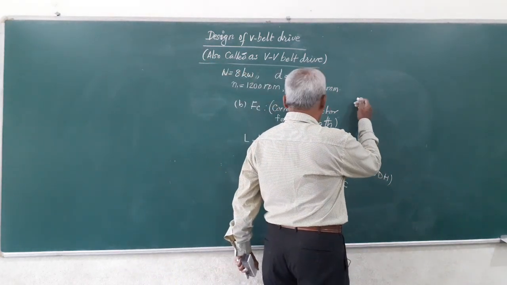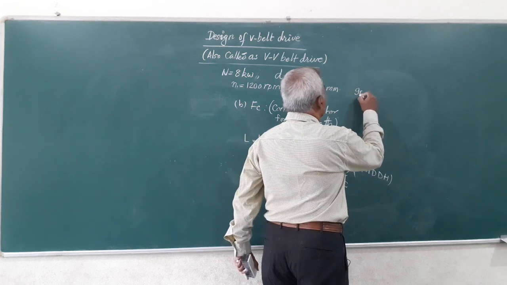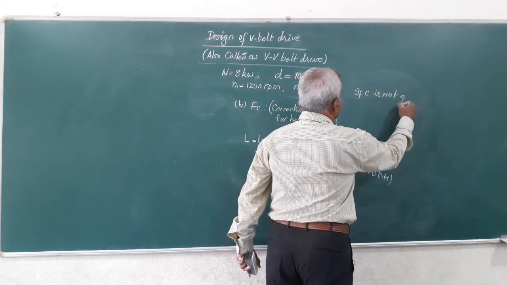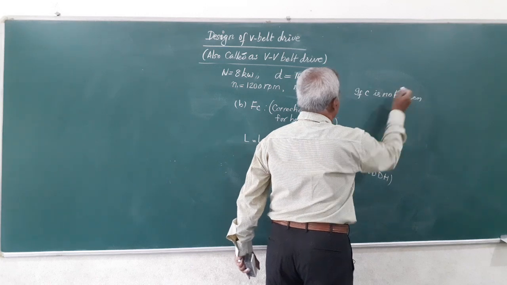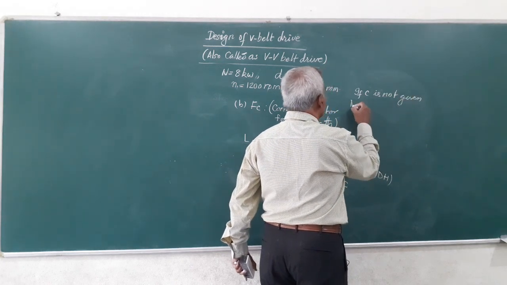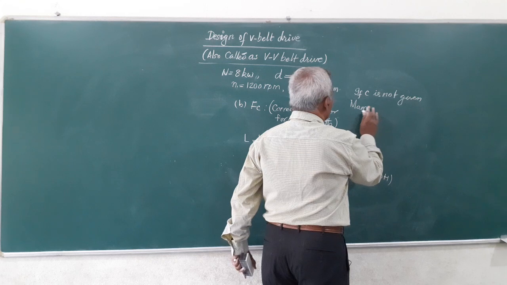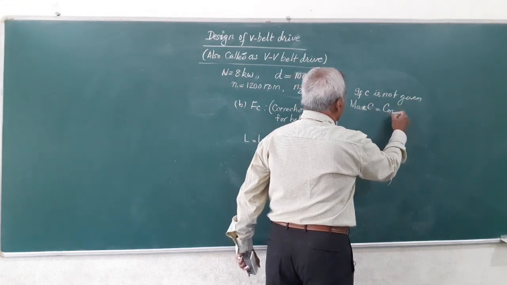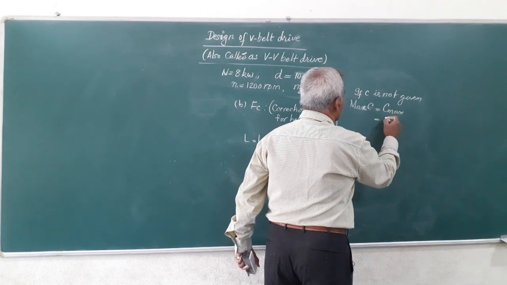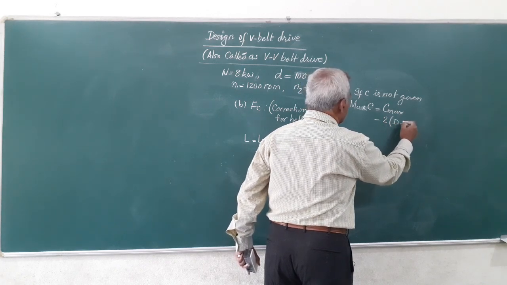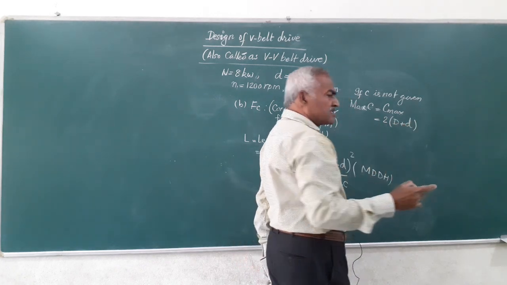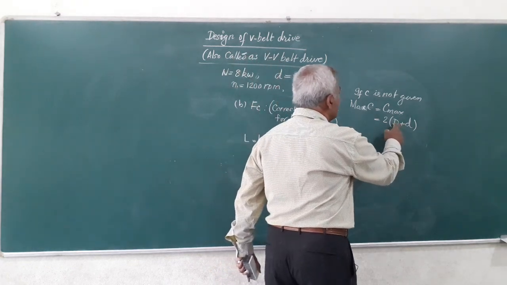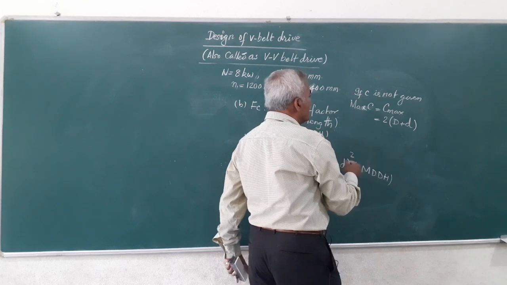Friends, here if C is not given, the handbook says the maximum center distance, C maximum, is equal to 2 times (D plus d). Small d is the smaller diameter, larger D is the diameter of the driven pulley.